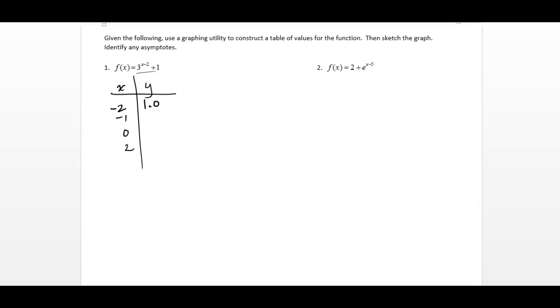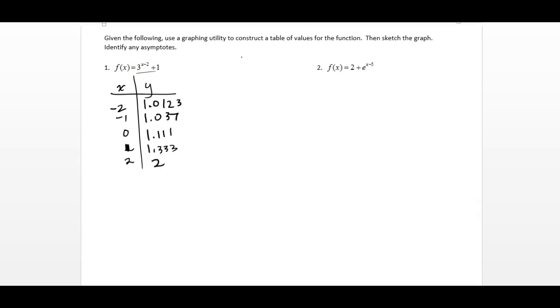When I do that, I'm going to plug those into the calculator just to save time. I'm going to get 1.0123, 1.037 for x is 0. I get 1.111, and this is going to be a 1.333, and where x is 2, I get 2.